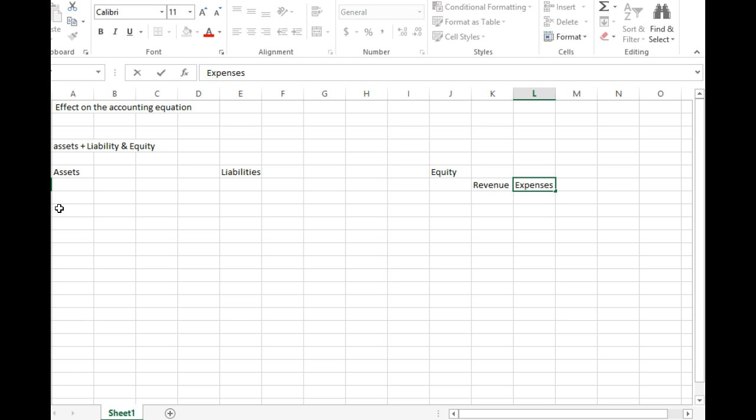Okay, so the first thing that happened, let's go over here. First thing that happened was what? The owner, Holden Graham, invested $40,000 cash in the company in exchange for common stock.